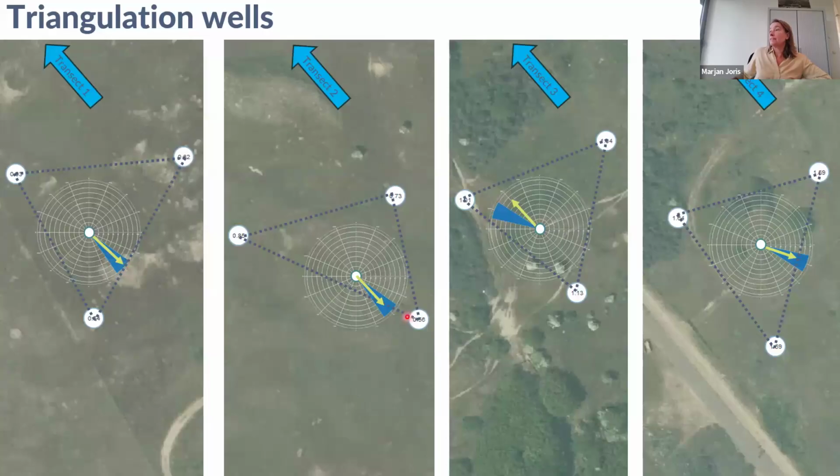And we can see that it's all very accurate. Only in transect 3, we do see a little difference of 10 degrees between the measurement with the flow sensor in blue and with the level sensors in yellow.